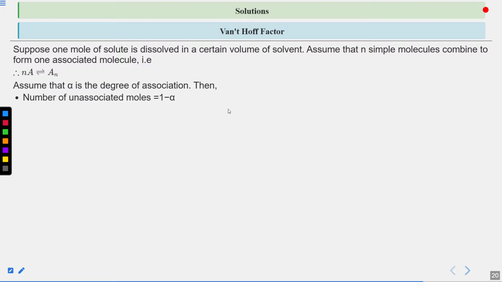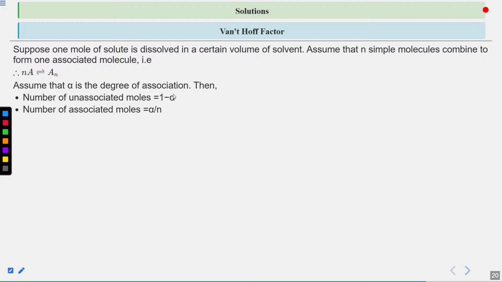Now if we consider alpha as the degree of association, then we can write the number of unassociated particles as 1 minus alpha. So we have just used our equilibrium knowledge to do this. Initially if there was 1 mole, then alpha number of particles have associated and formed this A_n. So the number of unassociated particles after association will be 1 minus alpha.